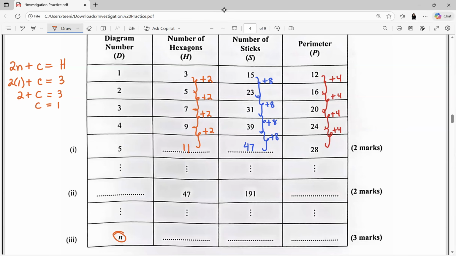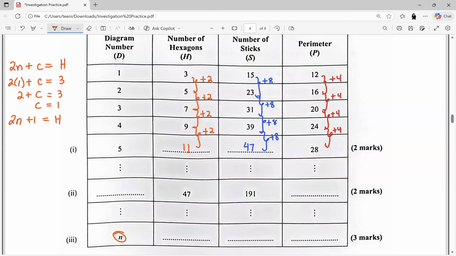And now we check to see if that rule holds true for each of the values. So my rule tells me that 2 times n, the diagram number, plus 1 gives me the number of hexagons.